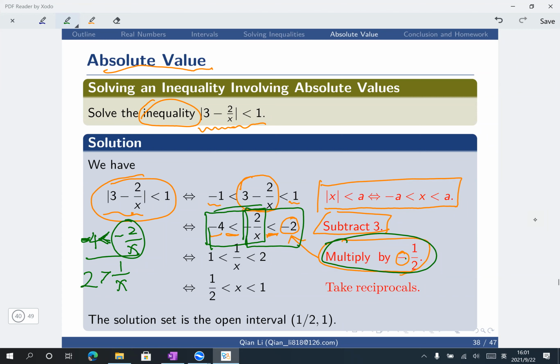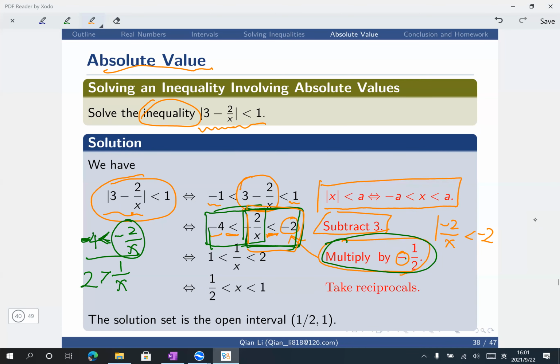And on the right, this inequality means minus 2 over x is smaller than minus 2, right? And if we multiply by minus 1 over 2 on both sides, it will also reverse this inequality, right?